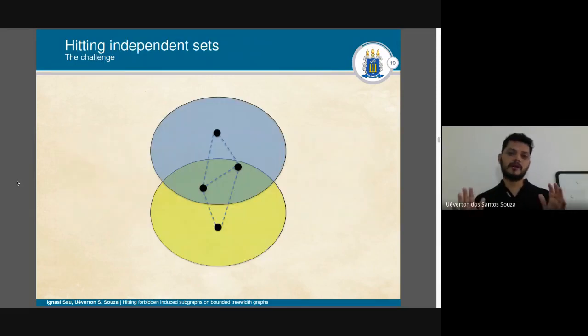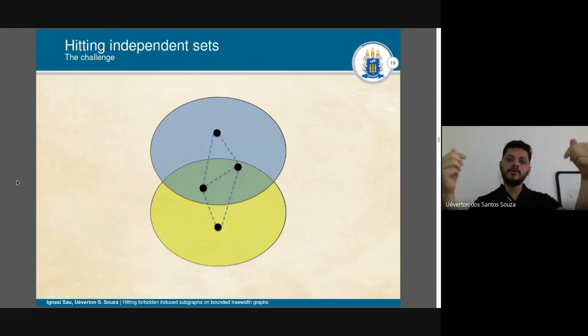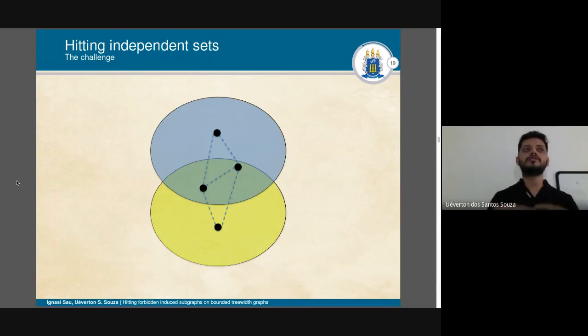The problem becomes more interesting if we consider independent sets. Looking for an independent set, we have no guarantee that an independent set will appear inside a bag like the clique case. And also, for a subset of vertices inside the bag that is an independent set, we need to store information on whether they have a common non-neighbor or not.